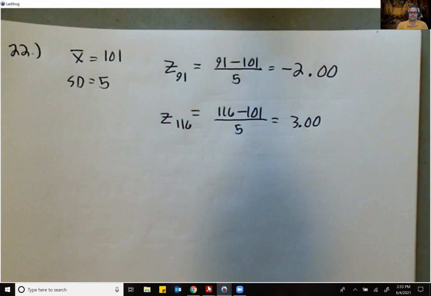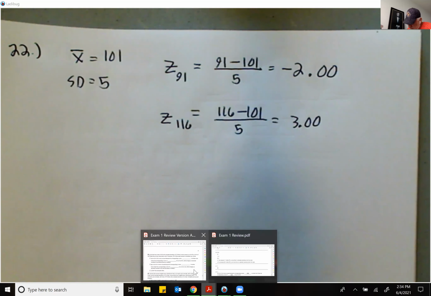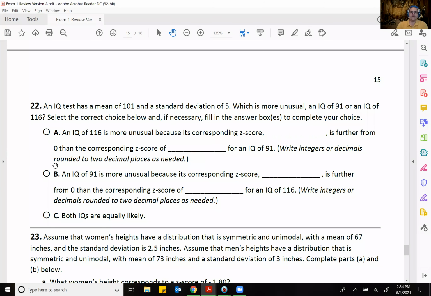So when we come over here, are we going to select A, B, or C? A. We're going to select A. And then the blanks. So an IQ score of 116 is more unusual because its corresponding z-score is 3.00.